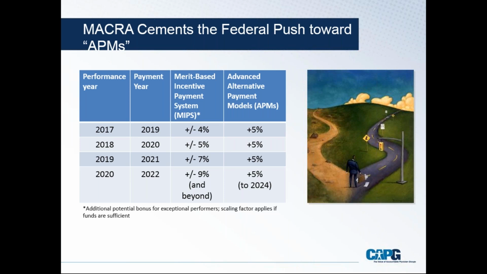So while MACRA enjoyed broad bipartisan support on the Hill, you had this very rare moment of a Democratic administration and a Republican Congress coming together to agree that Medicare needs to be moving to alternative payment models and away from fee-for-service. And that was pretty incredible, especially in the policy environment that we're in now, to have that type of agreement across party lines, pretty remarkable.